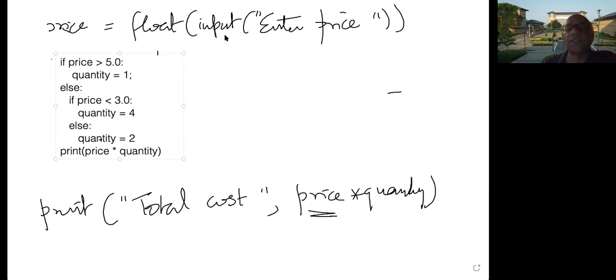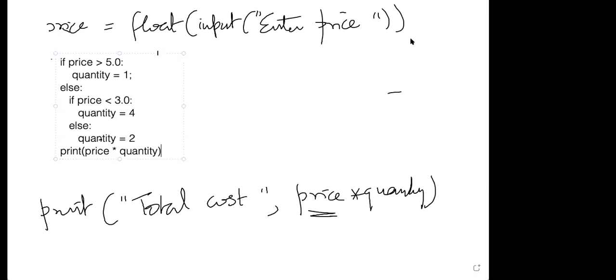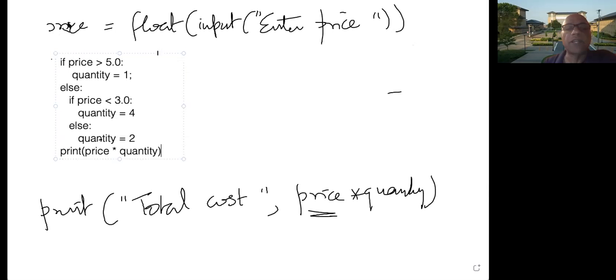That price is stored in this variable price. I know I have erased a little bit here, but assume that this is price. So price, let's say, is 6. Then we are checking if price greater than 5. So 6 greater than 5, this is considered true. That is a true fact, right?